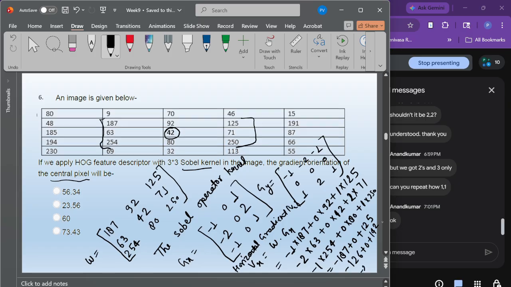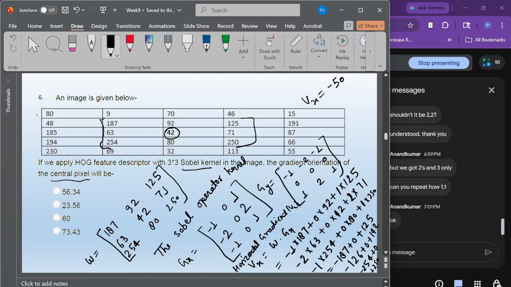Now the next one is minus 254 plus 0 plus 250. If you add and subtract all the values, you get a total of minus 50. So the horizontal gradient is minus 50.